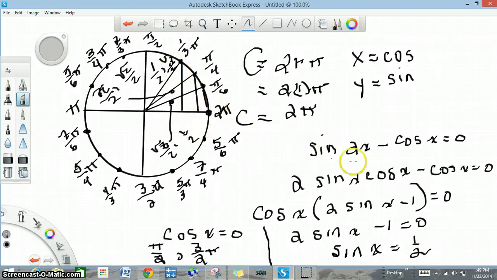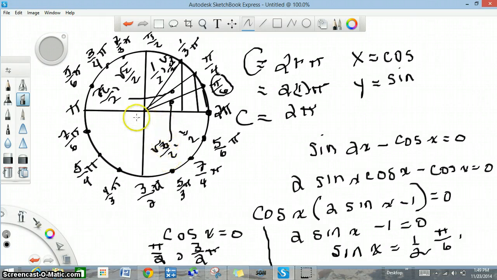Okay, now as we said, we're looking for all instances where the sine of x is 1/2. We have found one right here at pi over 6. So our answer is pi over 6. And then if we were to draw a line from the origin to right here, it's going to be the same numbers, except that our sine is going to be 1/2, and our cosine is going to be radical 3.